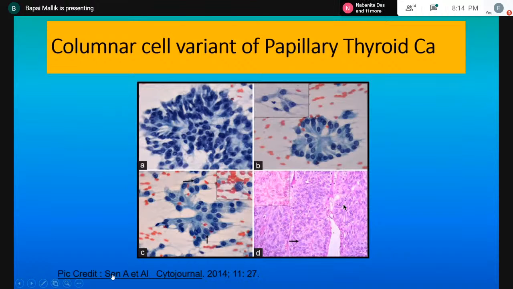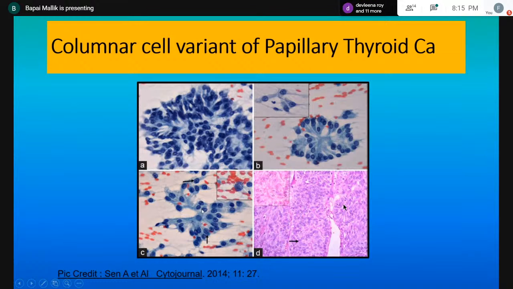Now, this particular set of pictures is from an article by Sen et al., published in Cyto Journal in 2014. And what they say, and what we all know, is that we look for this kind of stratification of the nuclei. You see a nuclear stratification here, a little bit of stratification here. The nuclei are supposedly more hyperchromatic.